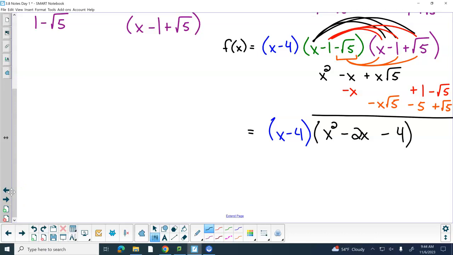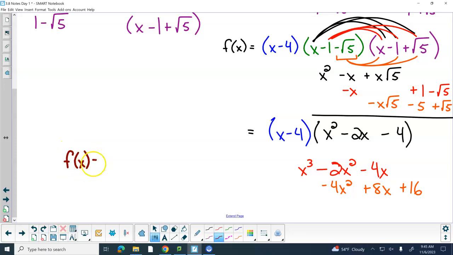You try that one, see what you get. I get x cubed minus 6x squared plus 4x plus 16.